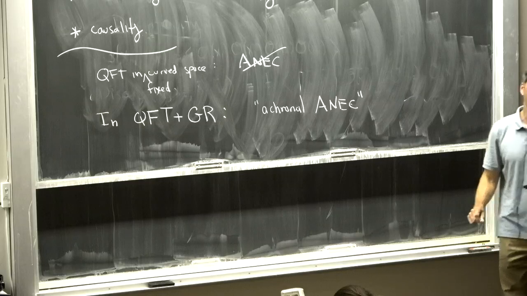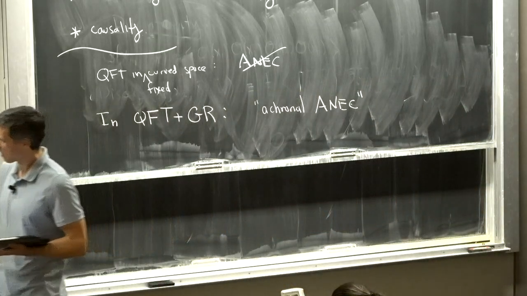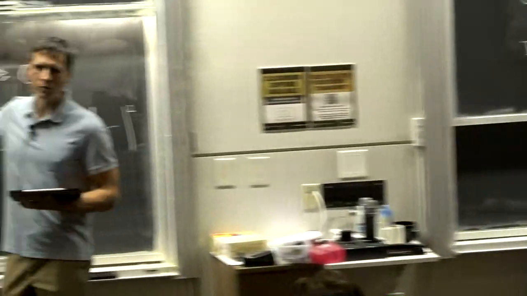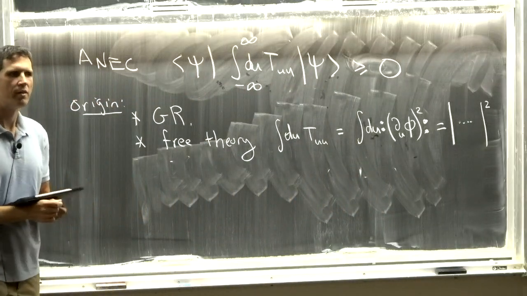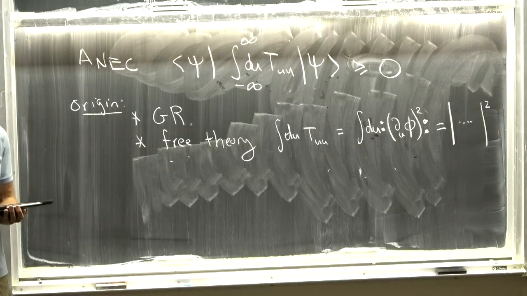The achronal ANEC is the same formula, except you're only allowed to apply it on achronal null geodesics. An achronal null geodesic is a null geodesic that never enters into its own future light cone.